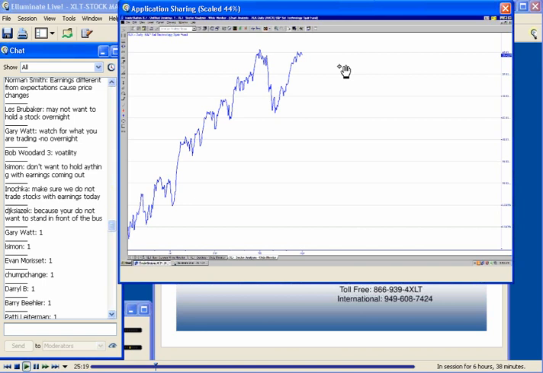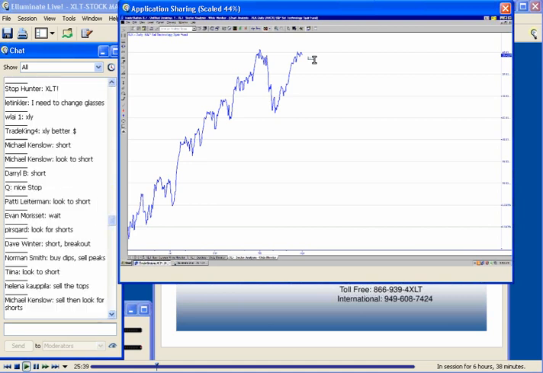But we are inside of a supply zone. So what do we do inside of a supply zone? What are our rules? Let me put it this way, do we buy?